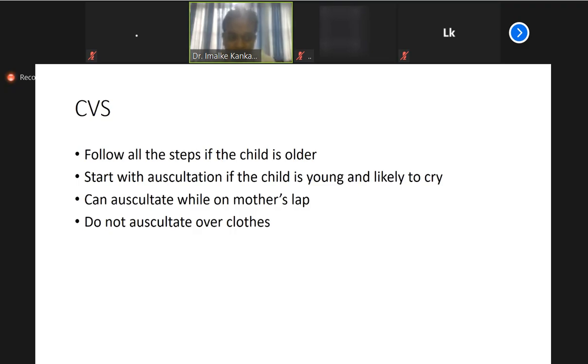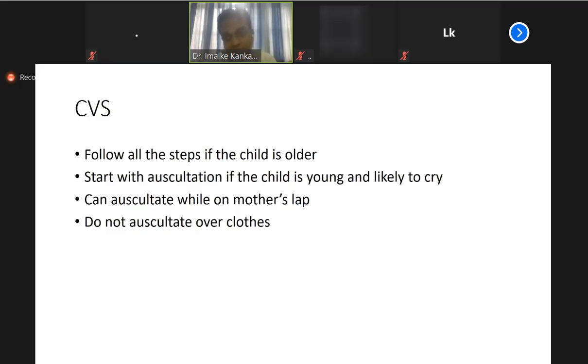You can auscultate while on the mother's lap. And if the child started to cry, if it is a breastfeeding baby, you can ask with the permission of the examiner, so can I ask mom to give a feed? Of course, yes, because that's the most comfortable thing for children. So they will be happy with that, and you can jolly well listen to the precordium.